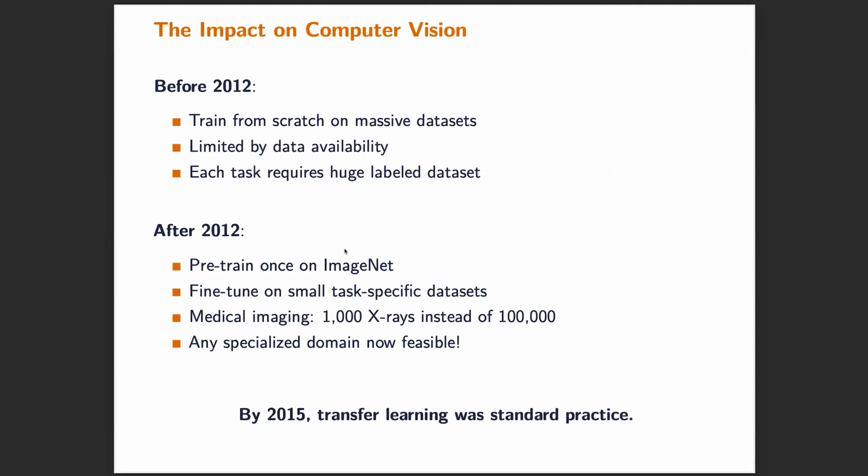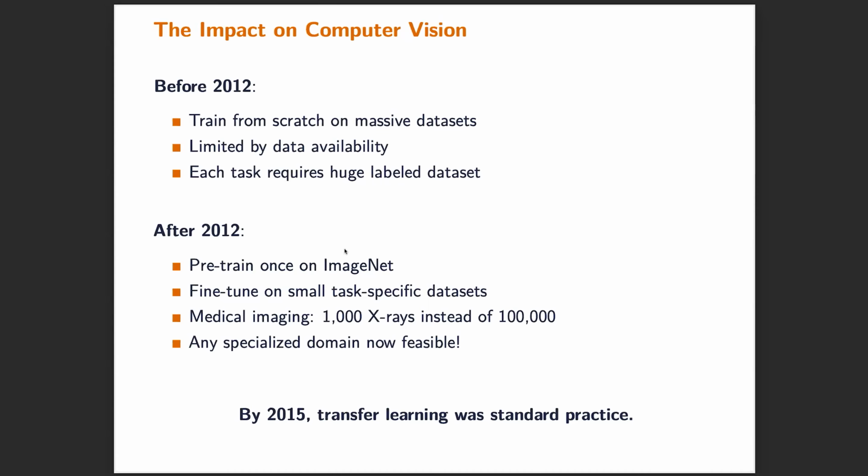So after 2012, once we had these pre-trained models, we could fine-tune them on smaller task-specific data sets that are sometimes very difficult to collect, for example medical imaging, due to many reasons, for example privacy-related standards and compliance, or getting good labeled data.